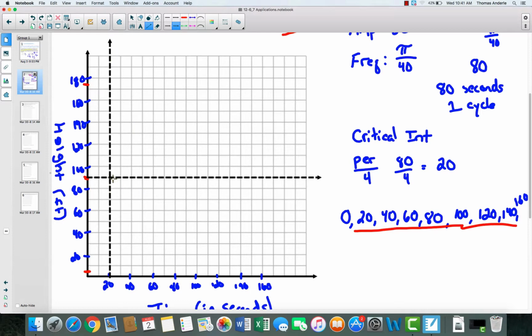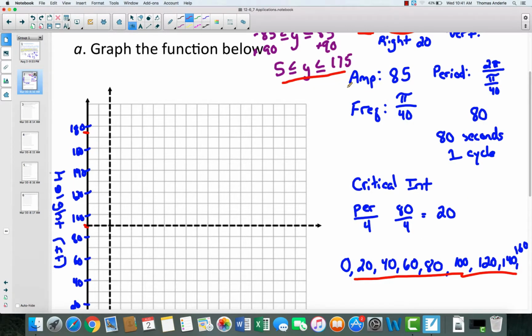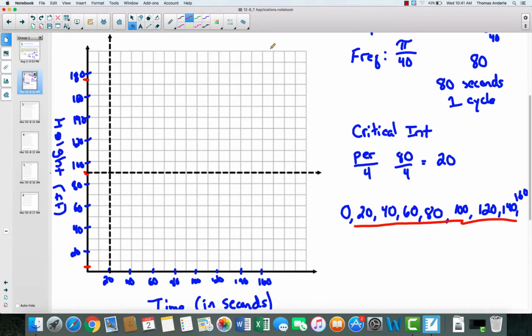Think of this as your new origin, your new starting point. Okay? Reason why I did that was because it tells me that I'm really shifting to the right 20. It's a sine graph. So with the sine graph, I'm going to start at the midline. So here's my first point.